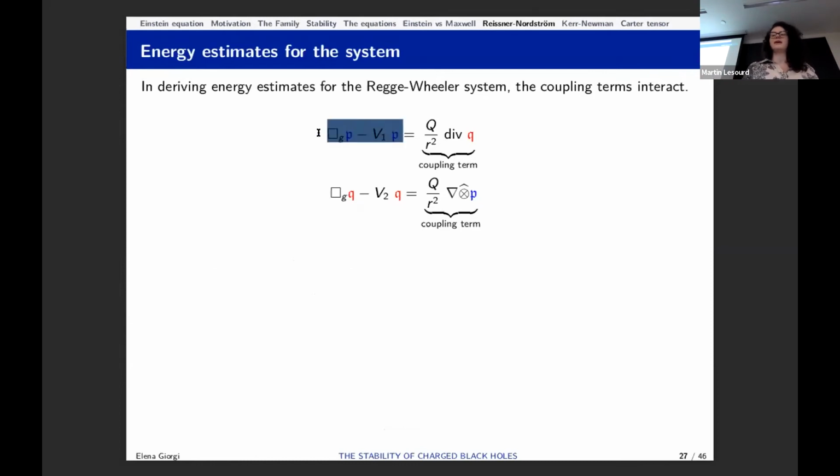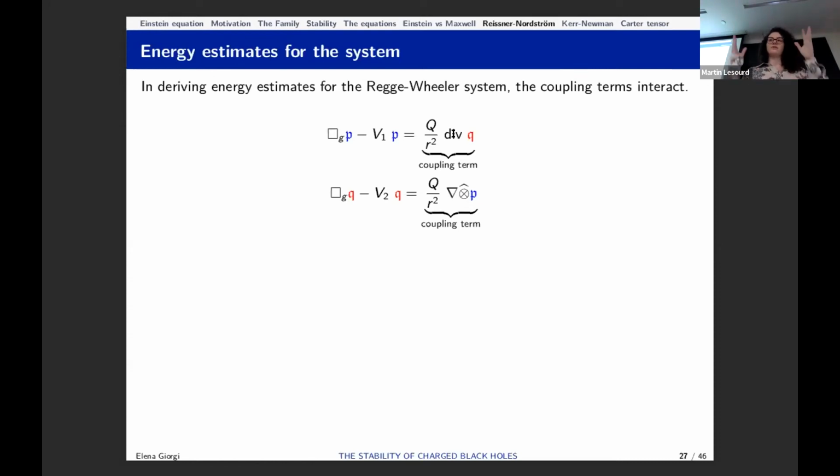So the left hand side is fine, it's like in Schwarzschild if you want. But then on the right hand side, you're going to have a t derivative of p and an angular derivative of q. So those are both trapped in the black hole. So you have something that depends on q, and you have no information on q if you only use the first equation. So what you have to do is use both equations.